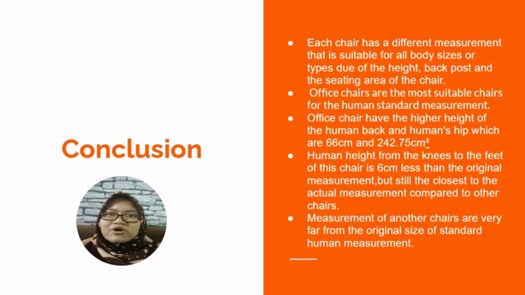After calculating all the problems, we find that the office chair has the higher back height and hip measurement, which are 66 cm and 242.75 square centimeters. However, the height from the knees to the feet of the chair is 44 cm, which is 6 cm less than the original measurement. But this measurement is the closest to the actual measurement compared to other chairs.